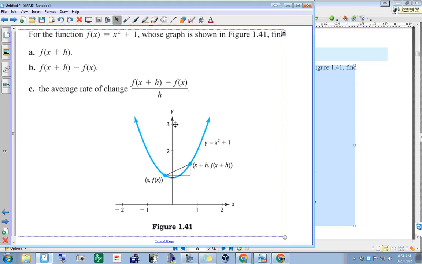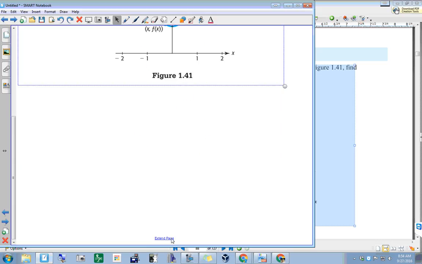That's my function, x squared plus 1. Find that. Now, do they give you any numbers? No, they do not. So what that means is we're going to end up having to do this.